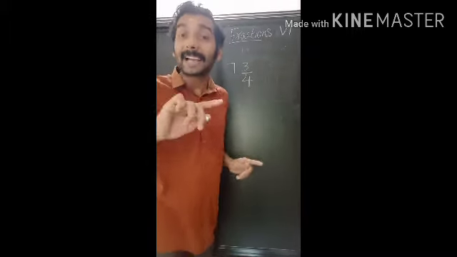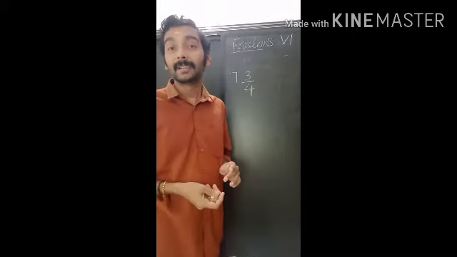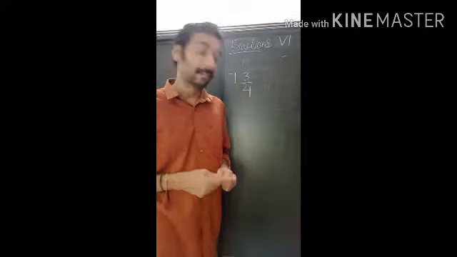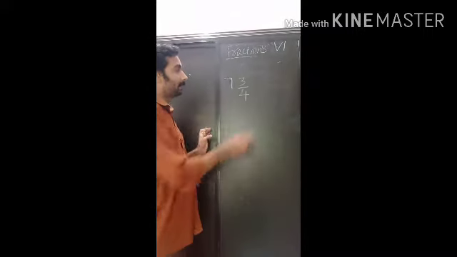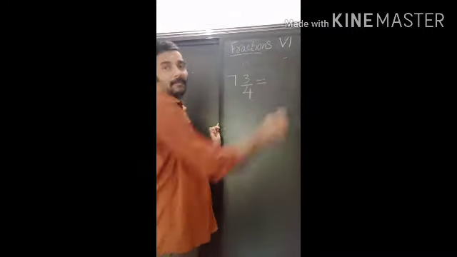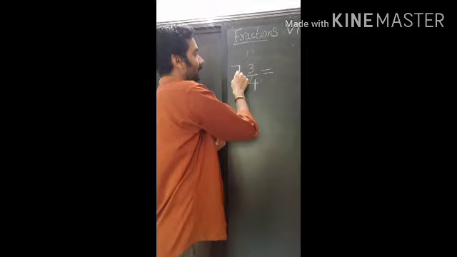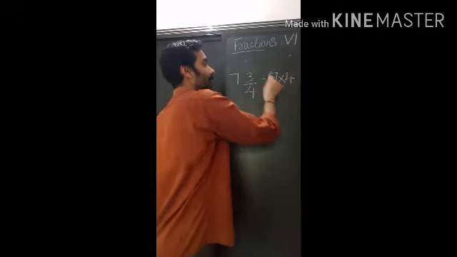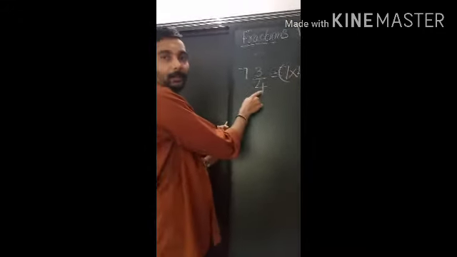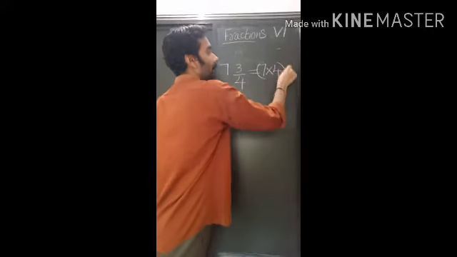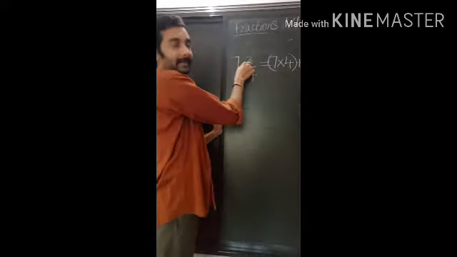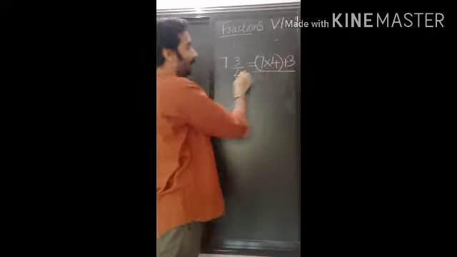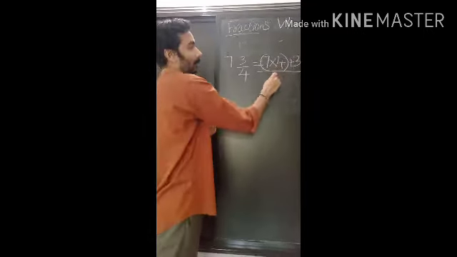We convert it into an improper fraction, which is simple. First we multiply 7 into 4, plus the number 3, the whole divided by 4.